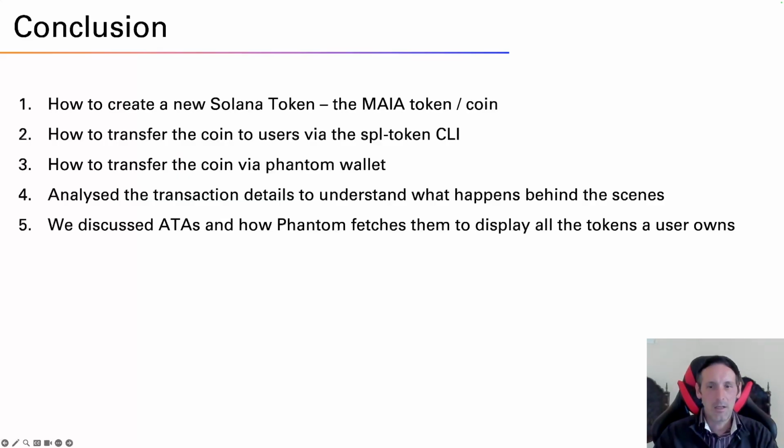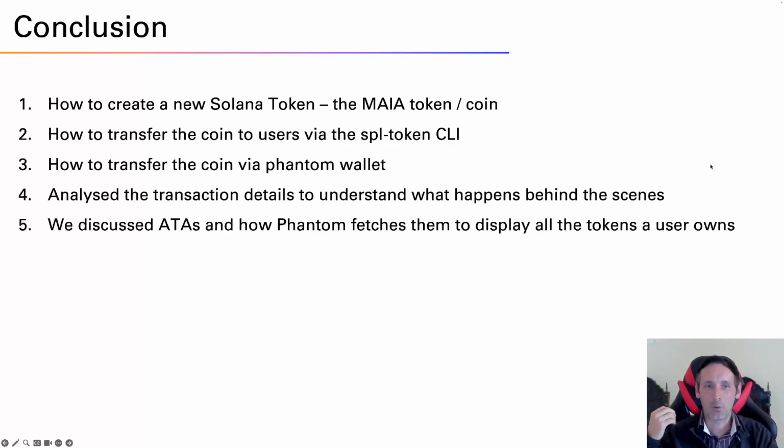So in conclusion, we talked about all of these things. We talked about how to create a new Solana token, the Maya token. We talked about how to transfer the token using the SPL-Token CLI.